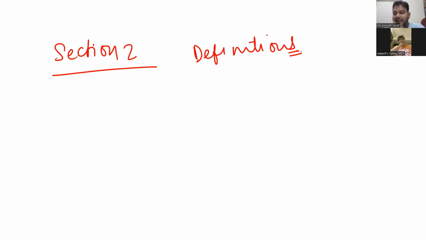There are many other things that are defined in the act. And generally, in any act, section 2 will be related to definitions. There are definitions after section 2 also, but section 2 is completely definitions, only definitions. Okay, so we will study some of the definitions from section 2.